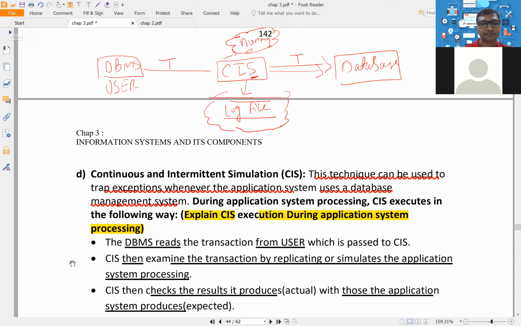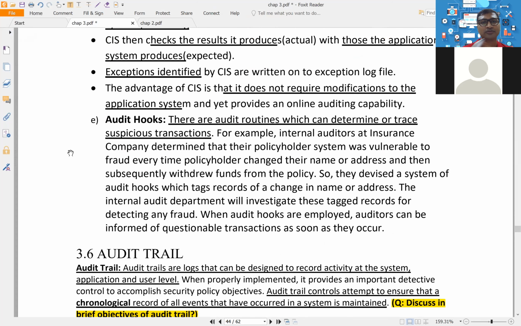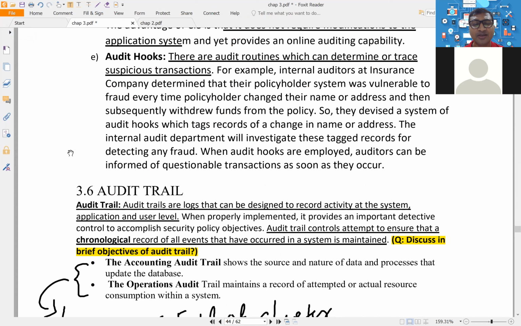And finally, audit hooks, that I told you about. In insurance companies, there are chances of modification of data, modification of nominees in the insurance record. So they have created a concept called audit hooks. After entering the data the first time into the system, if someone modifies the data, then a small tag will appear next to the data showing that this data got modified.